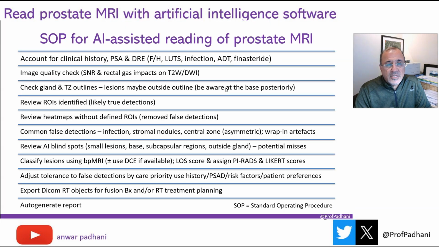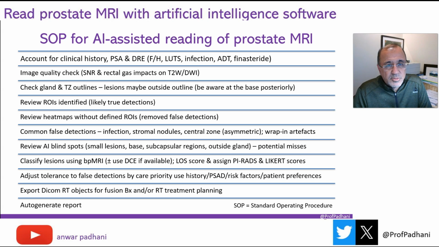So as we think about a manual of how to use AI assistance for reading prostate MRI, we need to account for the clinical history. We talked about this, family history, infection, ADT, etc. The quality of the images is important, particularly the signal-to-noise ratio and the rectal gas and how that would impact the T2 and the diffusion imaging.